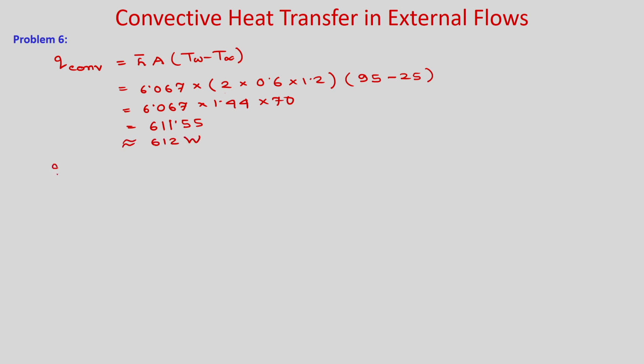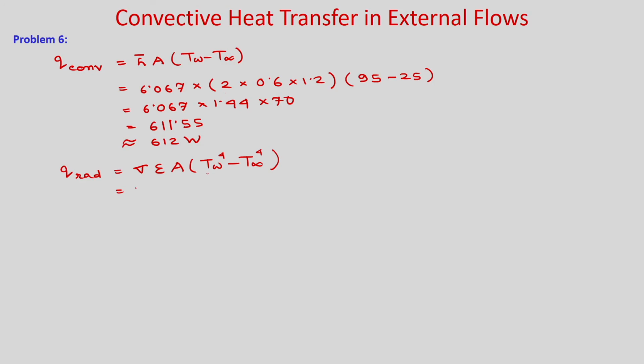Now, let us calculate the heat transfer rate due to radiation. You can write it as sigma, which is your Stefan Boltzmann constant, into emissivity into heat transfer area into T_w to the power 4 minus T infinity to the power 4. In this case you need to take T in Kelvin, because in radiation we know that the temperature has to be in Kelvin.